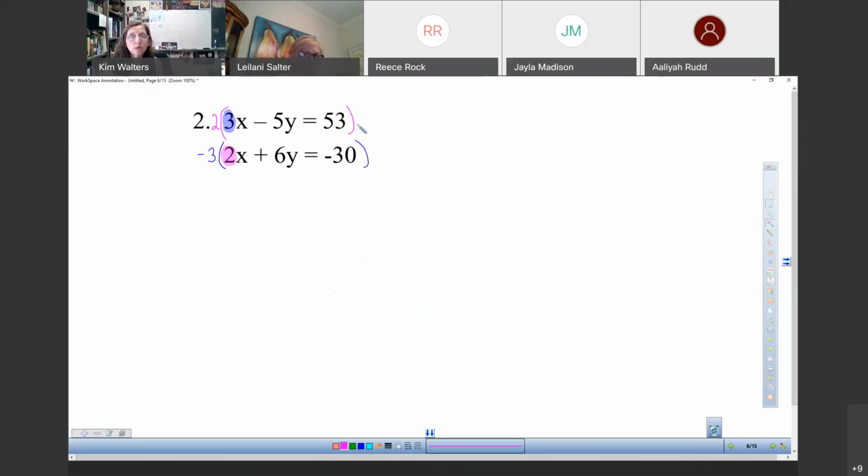So what this gives me in the first equation is 6x minus 10y equals 106, multiplying that number through all three pieces. And the second equation gives me negative 6x minus 18y equals positive 90.